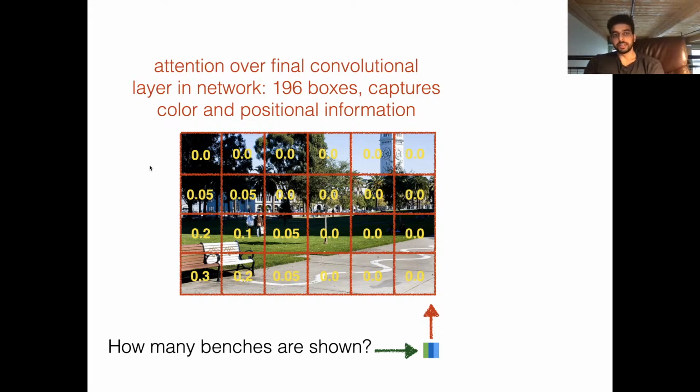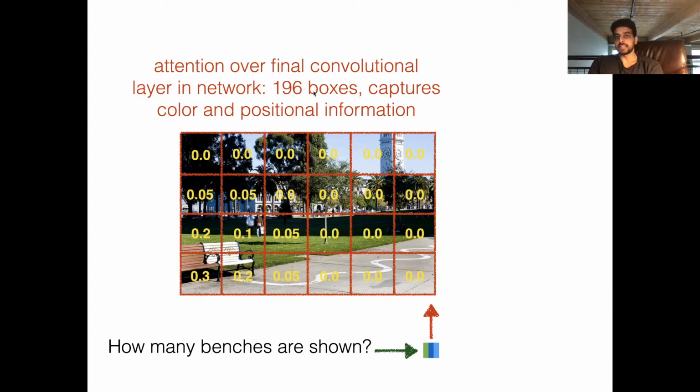When I do this, I'm going to compute the softmax over all of the 24 boxes here. Ideally I want to get high probabilities on the regions that contain benches or bench-like objects, and low probability on sky or ground or things that don't have benches on them.